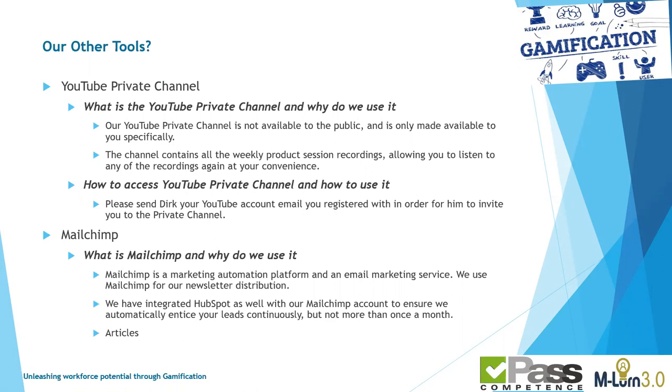And then we also use MailChimp. MailChimp is a marketing automation platform and an email marketing service. We use MailChimp basically for our newsletter distribution as well as for social publishing. So we've integrated HubSpot with MailChimp.